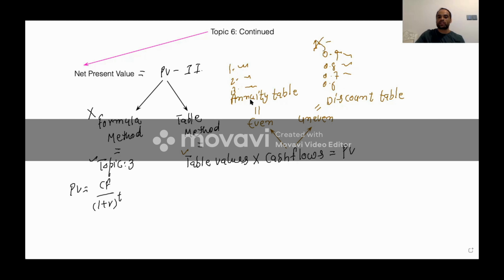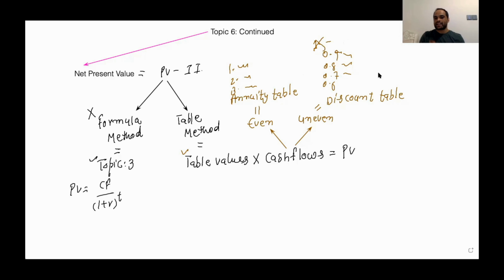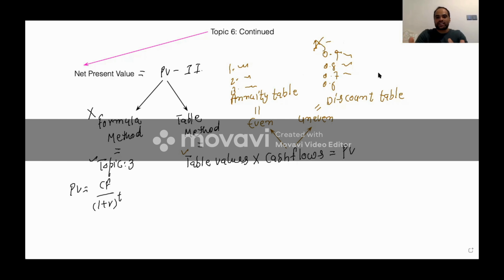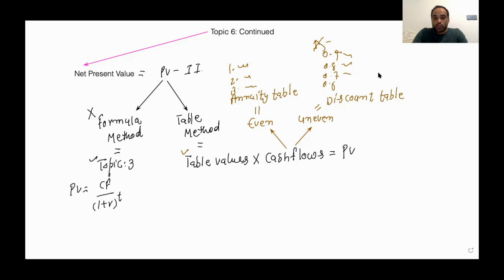Those will be your annuity table, and 0.9, 0.8, 0.7, 0.6 indicate your discount tables, because the value has been discounted, the value has been reduced, right? So this is a very quick idea to understand which one is an annuity table and which one is a discount table. Now the question is, how can we use this table to find the value?